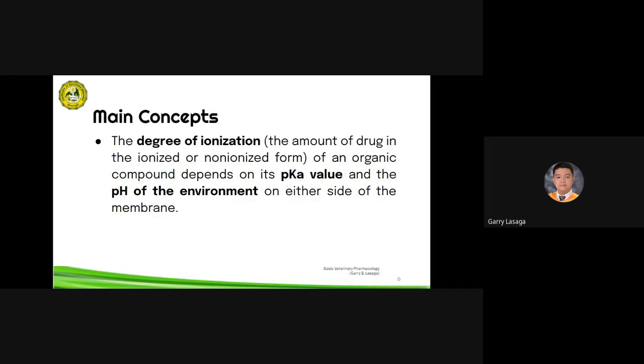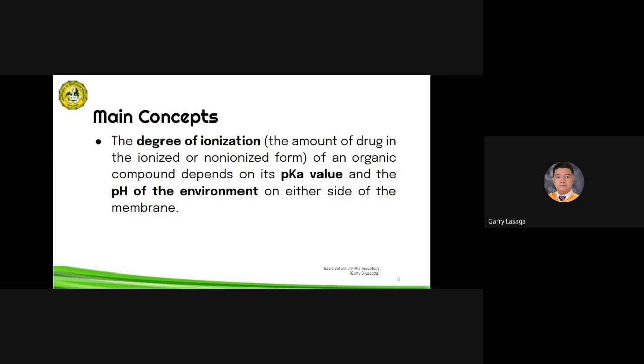For example, we have the acidic or basic environment. Another property is the pKa of the drug. This pKa value is important because it will determine the pH at which the ionized and the non-ionized forms of the drug will be equal.